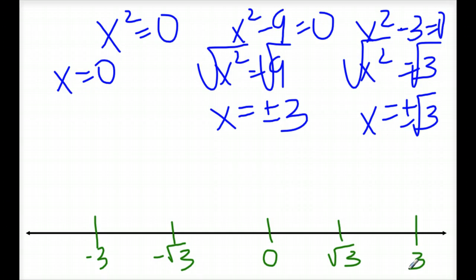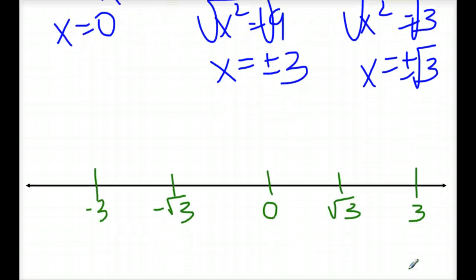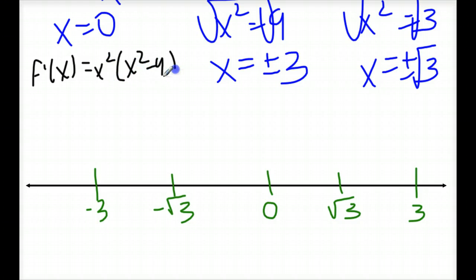So what's important is to take a look at this derivative. And just to remember, our derivative was equal to x squared times x squared minus 9 over x squared minus 3 squared. So let's go ahead and pick some test points.